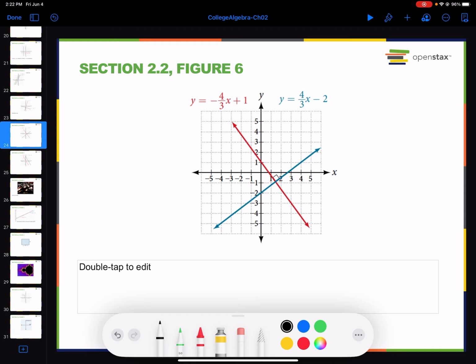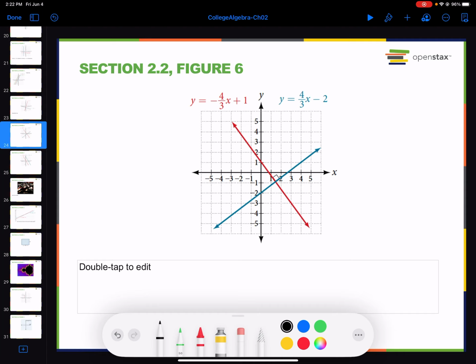Here's another example. So you can see the one is a -4/3 and a +4/3. I'm stopping because I think that's wrong. Sometimes there are errors in these.